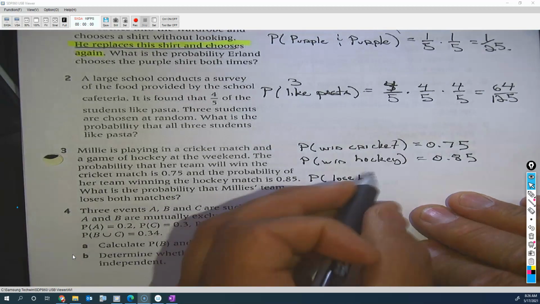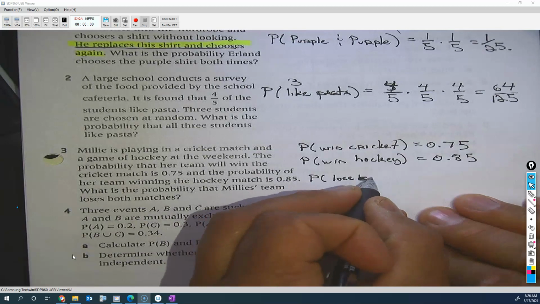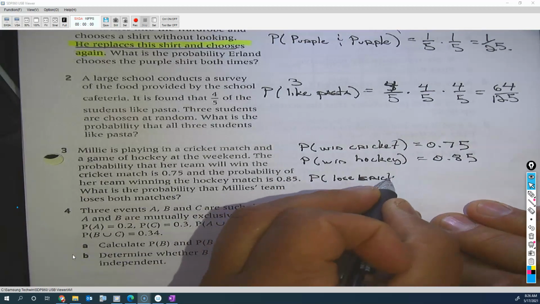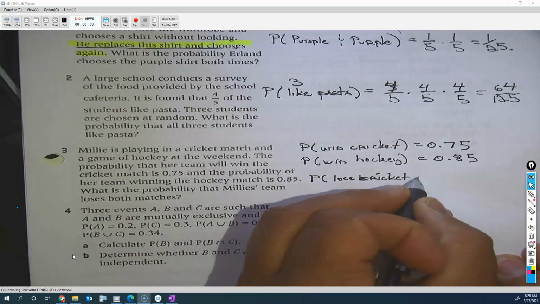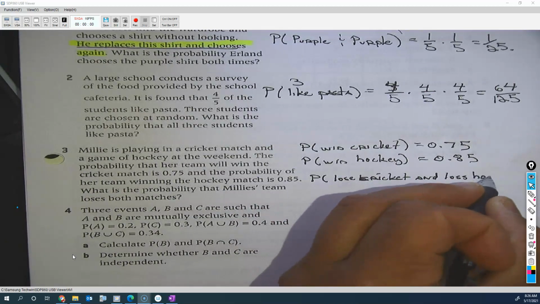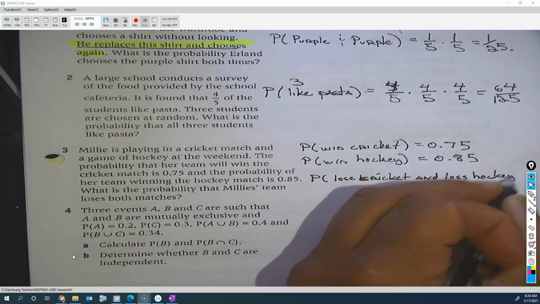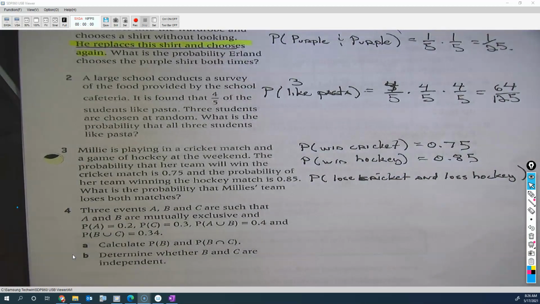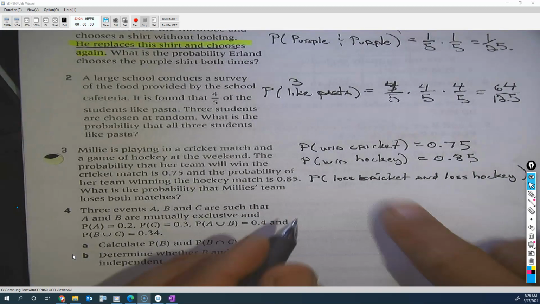So you're going to lose at cricket and lose at hockey. So that's an and, so we're multiplying those two probabilities. Now, you're not multiplying those, actually, you're multiplying the complements.